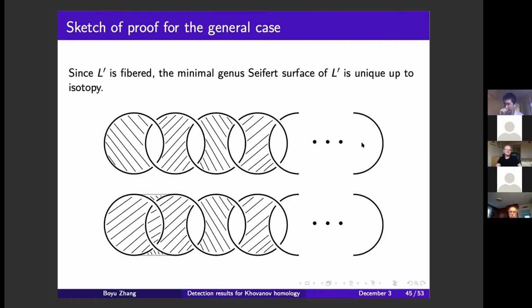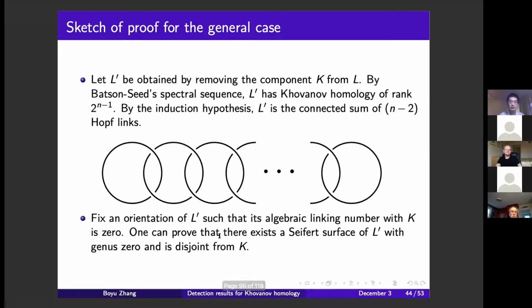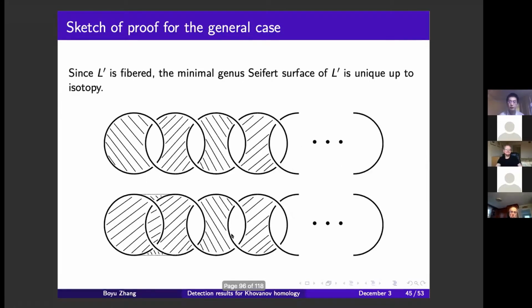And then if we take a disk in R3 that intersects the Seifert surface exactly on this arc, then the boundary of that disk is the knot K. And so that's from the topological argument, and actually that disk is the Seifert surface of the link K that's described here.